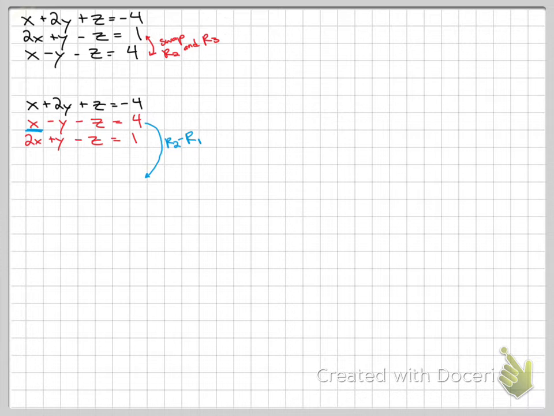Now's a good time to pause the video. Keep equation 1 exactly the same. Do the math, row 2 minus row 1, and replace your row 2 with that math. And that means row 3 is going to stay the same, by the way. We only change one row at a time. Pause the video and see if you get what I get.